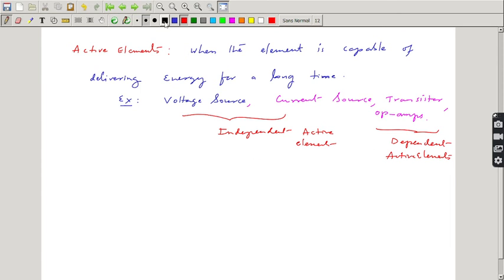Next, the definition for passive element. These are very important for you, that's why I'm giving the definition.